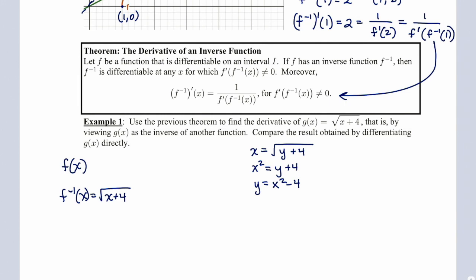And that would be my original function with a slight modification. If I think about how functions and inverses work, I know that a function and an inverse both have to be 1-to-1. So if I'm looking at the square root of x plus 4, that's the square root graph shifted 4 units, not to the right, 4 units to the left.